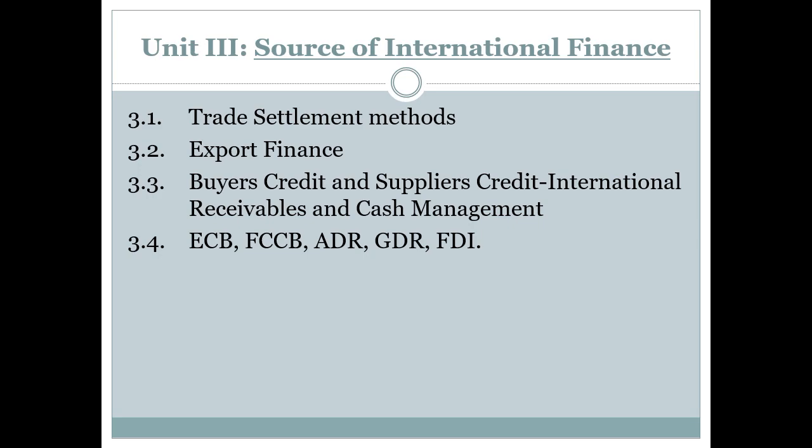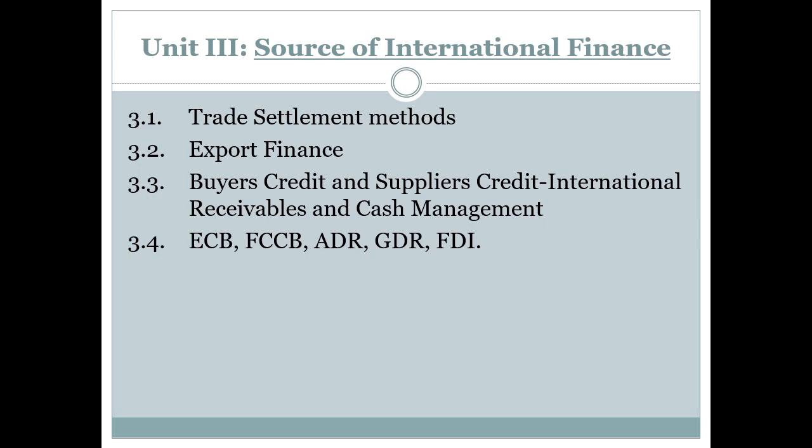We will study this in unit number 3, in which primarily we will study trade settlement methods: how we can settle the trade, or what the different methods are through which we can settle trade effectively and efficiently. Then export finance.